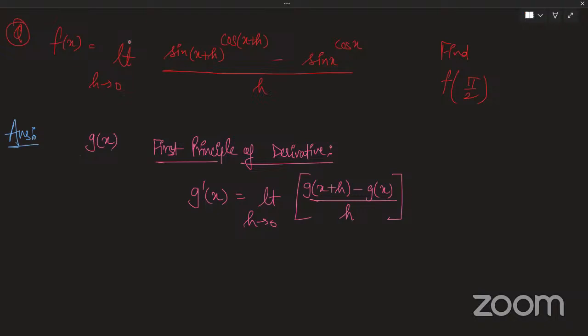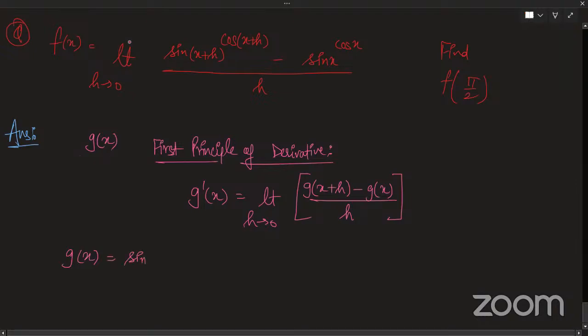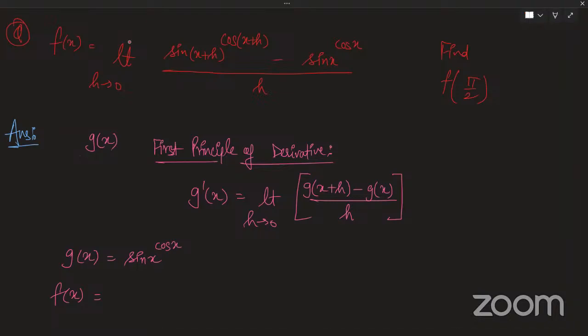So if you look closely into this function over here, in the function on the top, if you take your g of x to be sin x raised to cos x, can you tell me what is f of x basically? Like, what are they asking you? What is f of x denoting? Just think of your g of x as sin x raised to cos x. So what is your f of x basically?